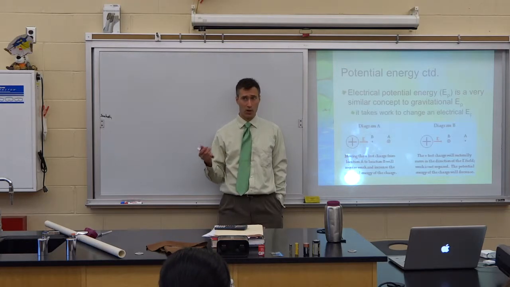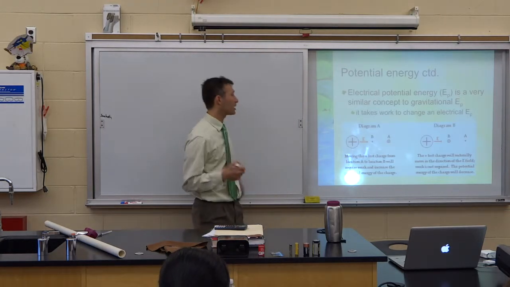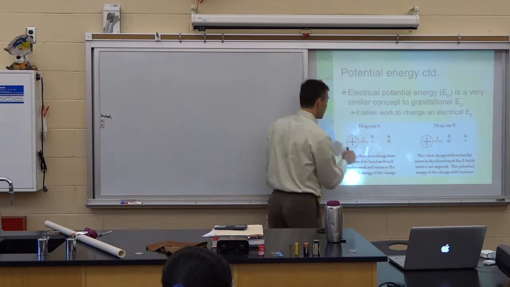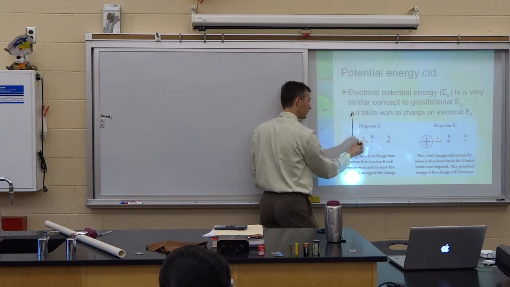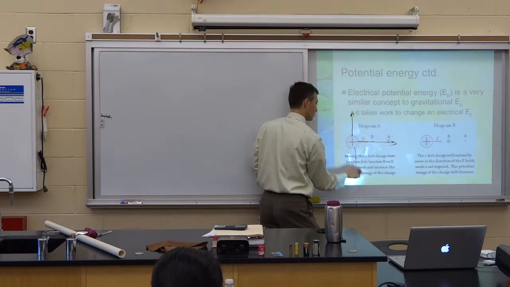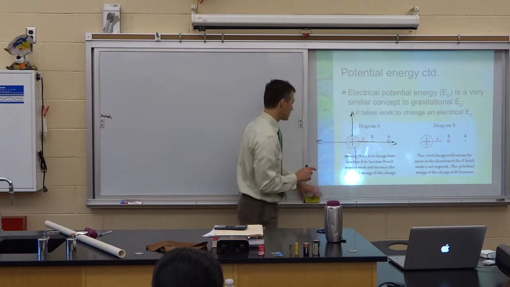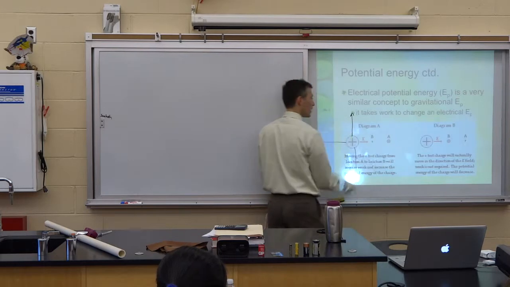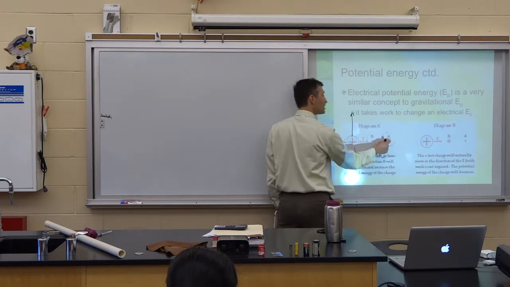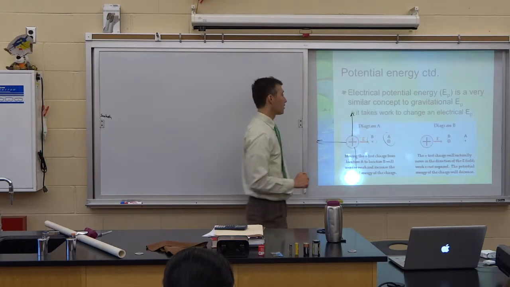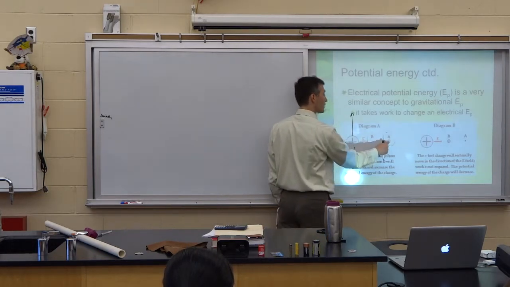We have to do work, the field has to do work, somebody has to do work. Alright? So we have a positive charge that's creating an electric field. And I shouldn't have drawn that, I've drawn right over the locations we care about. And we have a positive test charge. Okay? The positive test charge is right here.